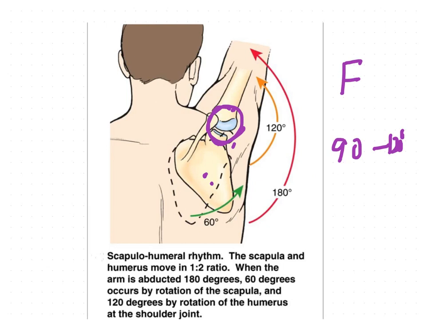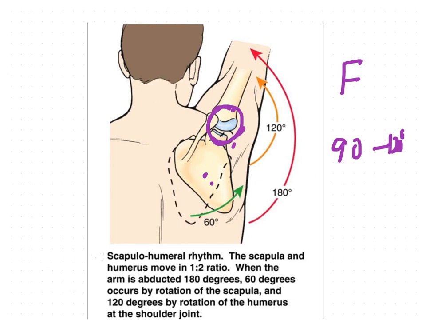Distributing the motion between two joints permits a large range of motion with less compromise of stability than would occur if the same range occurred at one joint. So normally such a rhythm helps in increasing the large range of motion with less compromise of stability when compared to other joints with such a range of motion.